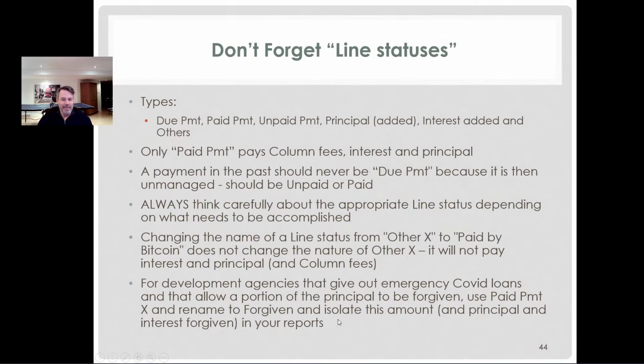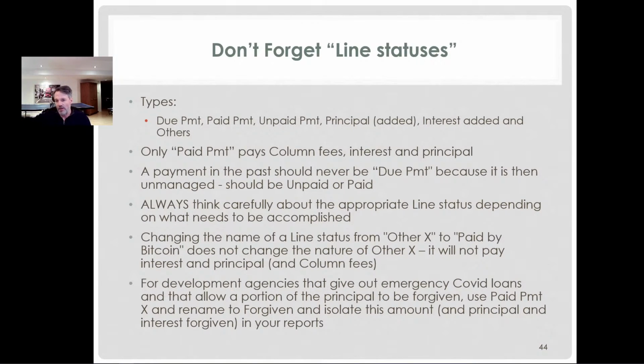I also want to repeat line statuses. I won't go over this, don't worry. Line statuses are really critical. I've seen some instances where somebody takes a line status called other, see here, other X, and they call it paid by Bitcoin. Other will remain other. It will not pay interest. It will not pay column fees. It will not pay principal.